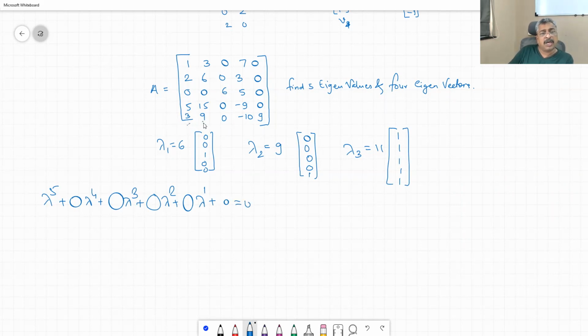These two rows are multiples of each other. Therefore, the determinant is 0 and hence one root is definitely lambda equal to 0.